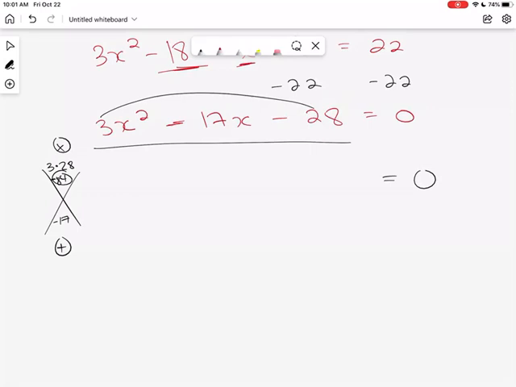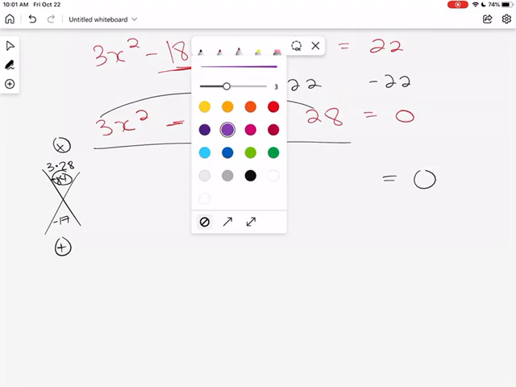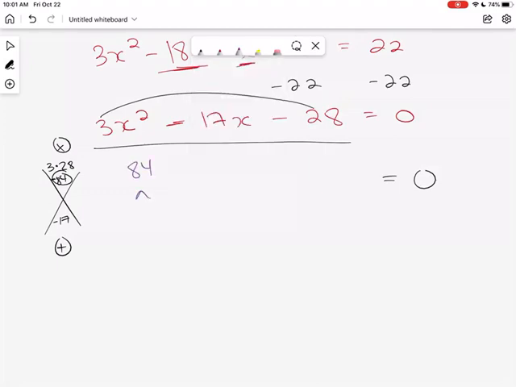If I go through my factors of 84, you'll see I have 1 and 84, 2 and 42, 3 and 28, 4 and 21, 6 and 14, then we've got, there's no 7, 8 and 9.